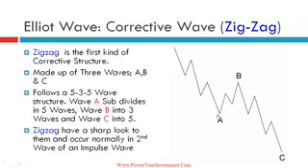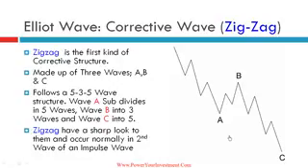And wave B subdivides into 3 waves, 1, 2, 3. And wave C again subdivides into 5 waves, 1, 2, 3, 4 and 5. So hence we get a 5-3-5 structure.